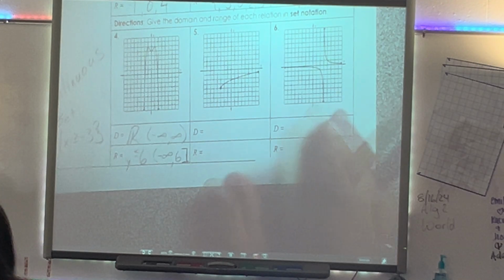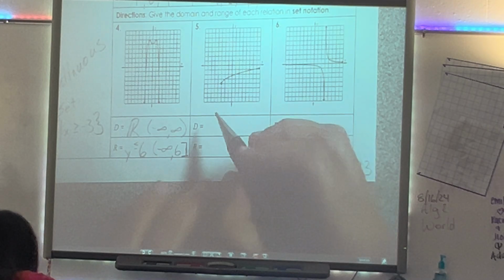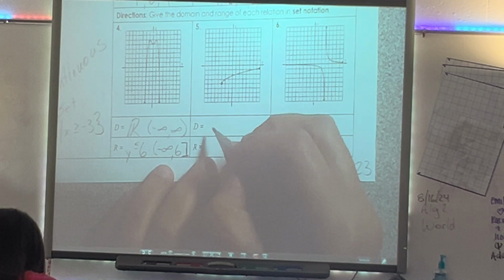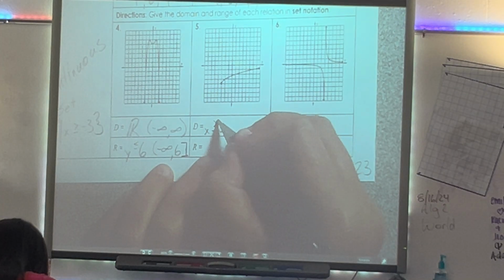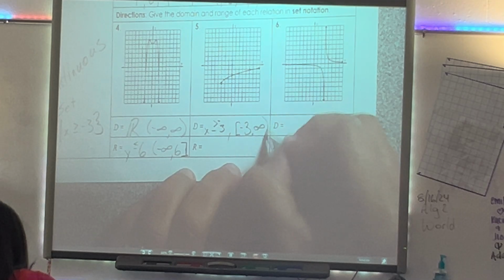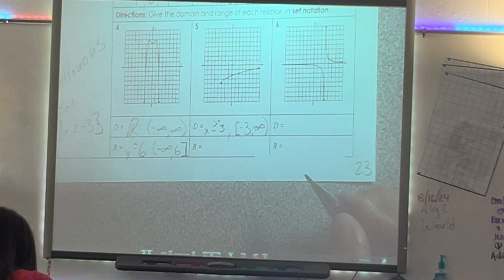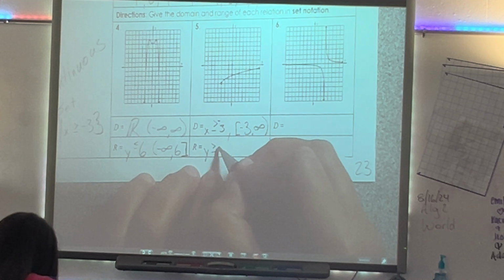Okay. Alright, this one, domain looks like x greater than or equal to -3. So it looked like -3 to infinity in interval notation. Range would be greater than or equal to -4.